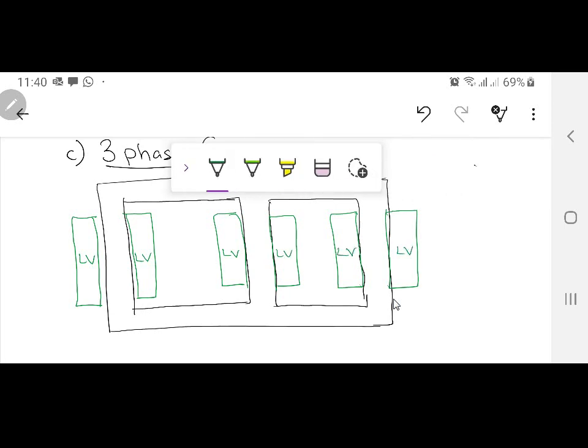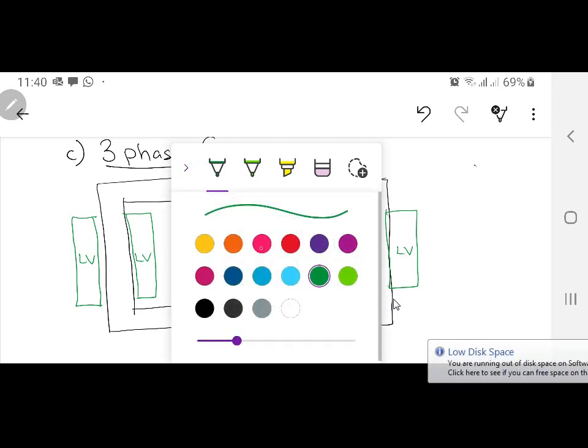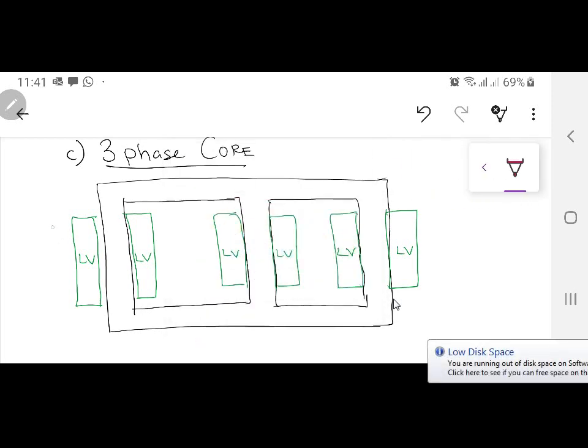And now this is a three phase, so there are three phases over there certainly. So there are three limbs, and then the high voltage winding, this is going to be the high voltage winding, this is going to be the high voltage winding. Space is a little cramped over here, but anyway.